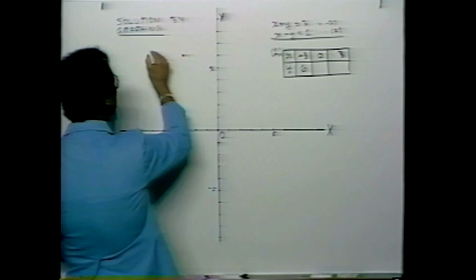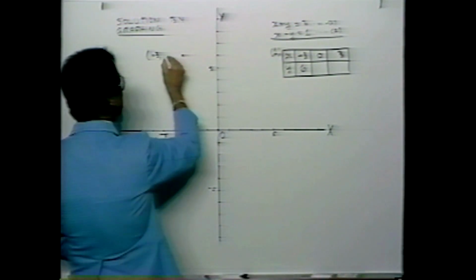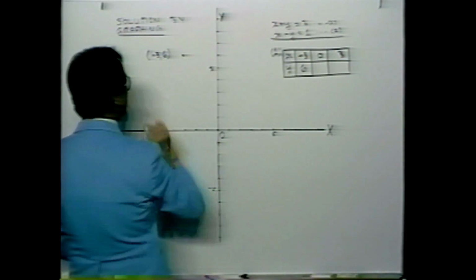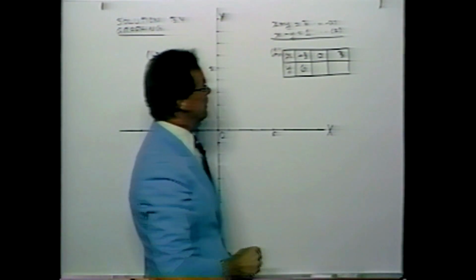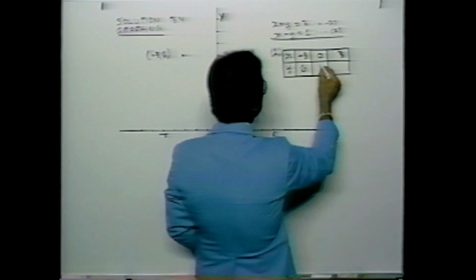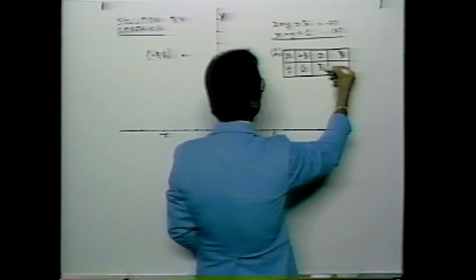I will write its coordinates, -3, 6, for that point. Now, continuing, if x is equal to 0, you can see that y is 3, and once again we have a pair of numbers, one for x and one for y.